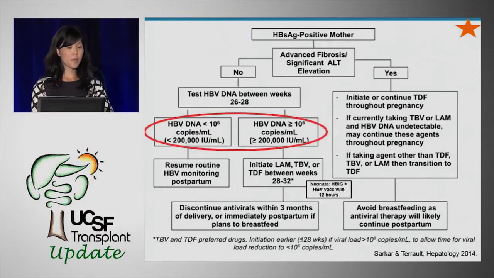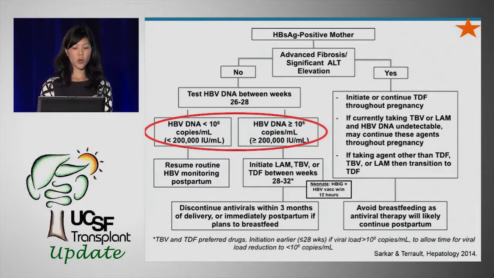Please note that they have advocated, and we as a group practice, a lower HBV DNA initiation level than what is recommended by AASLD. So we recommend initiation of HBV therapy at a viral load of greater than 200,000 at 28 weeks. And also just please remind your patients to remind their OBGYN and their pediatrician to make sure that the neonate gets HBIG and HBV vaccine within 12 hours of delivery.